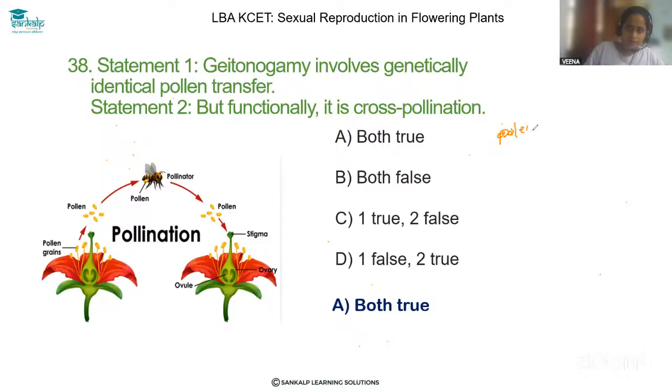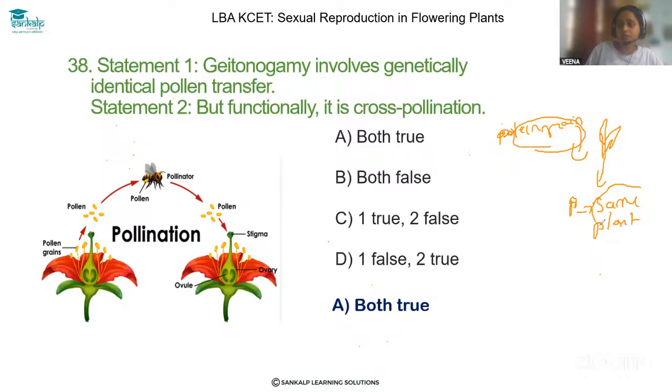pollen grains from one flower to another flower of the same plant. See here, transferring pollen grain from one flower to another flower of the same plant. That is what geitonogamy is.